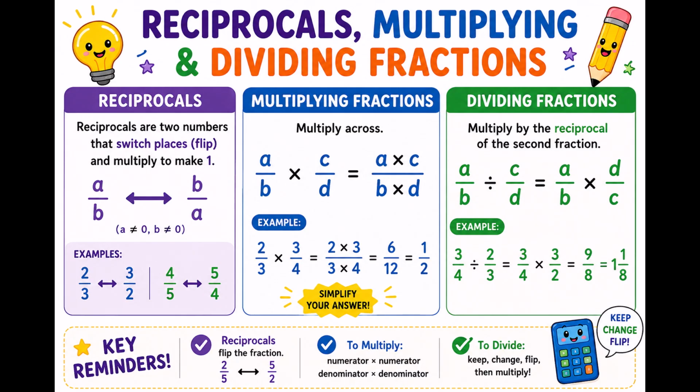Remember, reciprocals help us divide fractions. Multiply straight across, simplify your answer when possible, and always use keep, change, flip when dividing fractions, and simplify if possible. There we go.